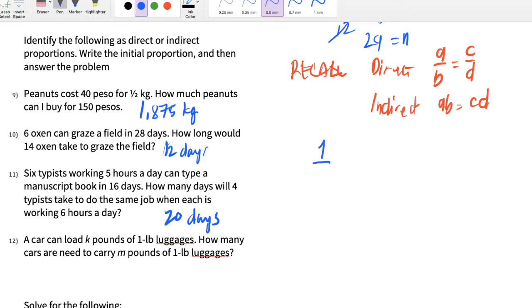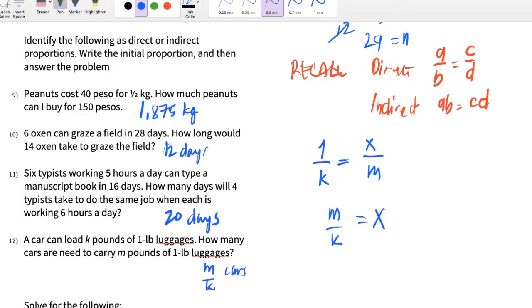Okay? 1 over k should be equal to how many cars? So, x over m. Kasi yun yung weight na kailangan mo. So, to get x, we have x is equal to m over k. Alright? So, the answer here would be m over k cars.